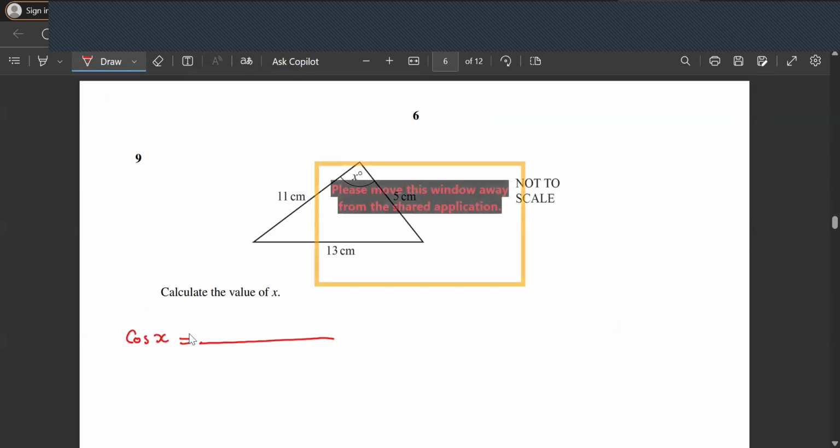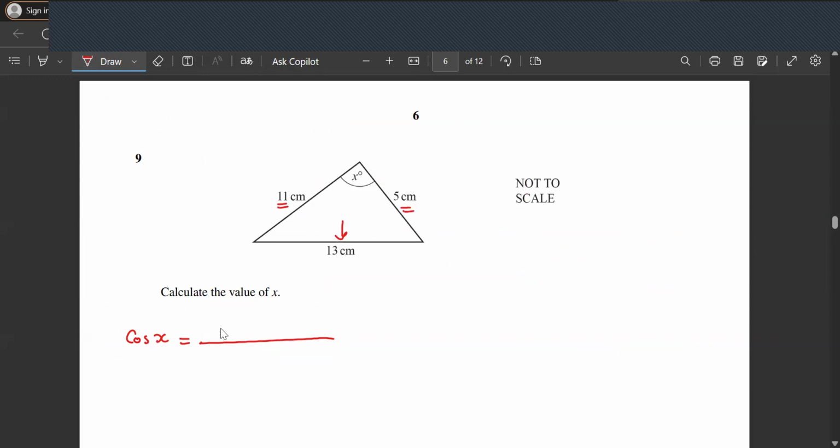Up here, start with the legs of the angle and leave the opposite to the end. So I will find here 11 square plus 5 square minus 13 square, over 2 multiplied by 11 multiplied by 5. Start with the two arms of the required angle, and at the end the opposite one, 13 square.